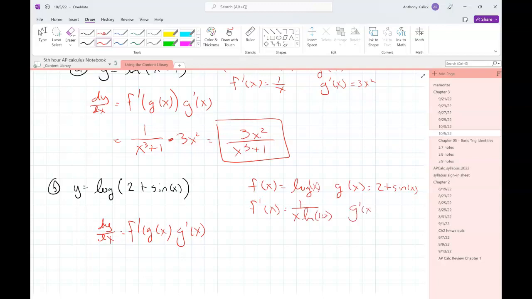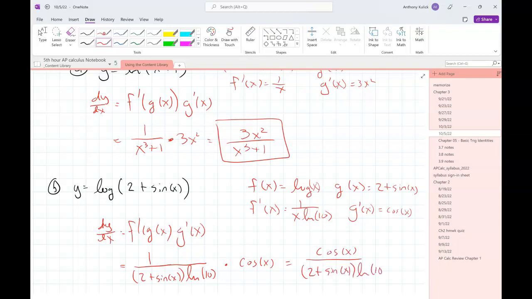And the derivative of g is going to be cosine x. So I'm going to have 1 over 2 plus sine x times the natural log of 10 times cosine x. So just multiply some fractions and good enough.